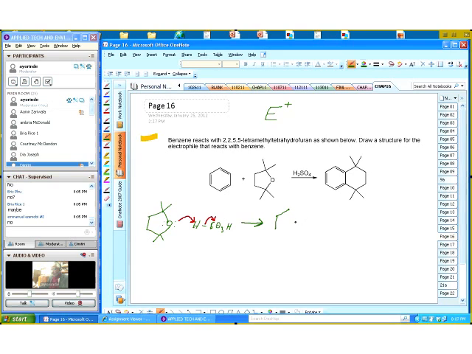Once you do that, then we have this. So now you have the proton here. This is similar to protonation of water, in which you form hydronium ion.